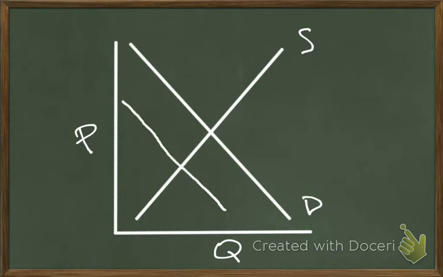this direction, and label that D2 versus our first one, D1, we now create a new intersection at this point right here. This we should label E2 versus E1 to see the difference.